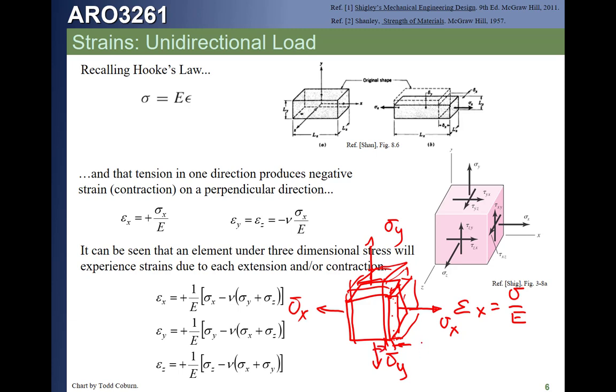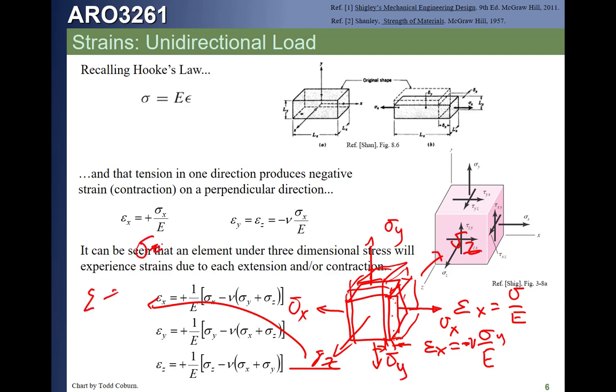So the strain in the x direction due to this stress is going to be its stress over modulus times Poisson's ratio, but it's negative. So the negative of Poisson's ratio times its stress over E will tell how much strain it causes. So it's actually causing a little resistive strain. If we also had a stress in the z direction, then that stress will cause a strain equal to its stress over modulus times negative Poisson's ratio.